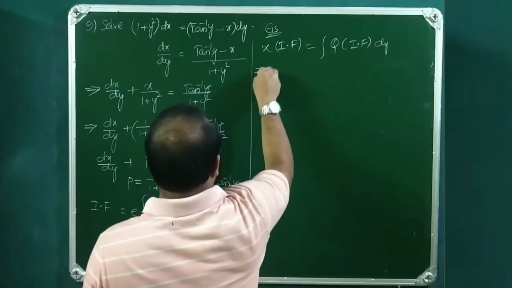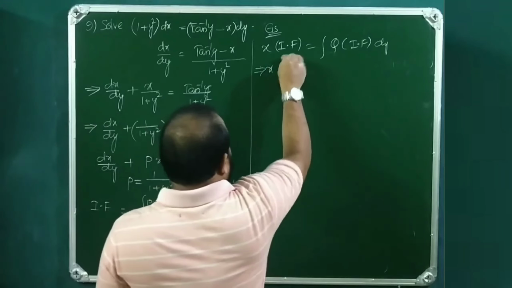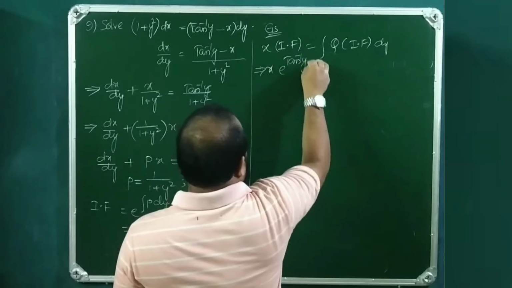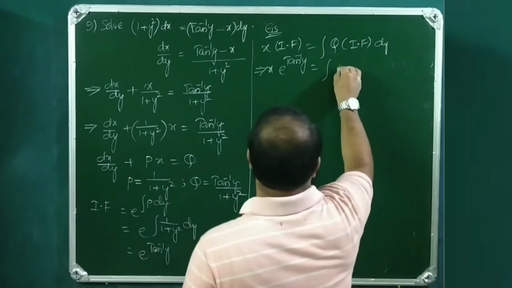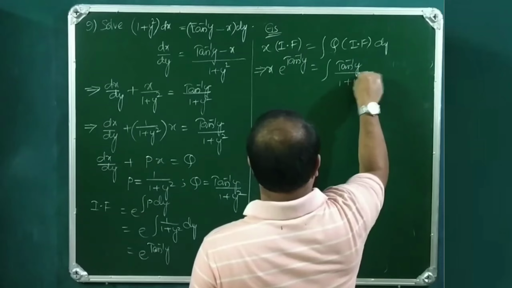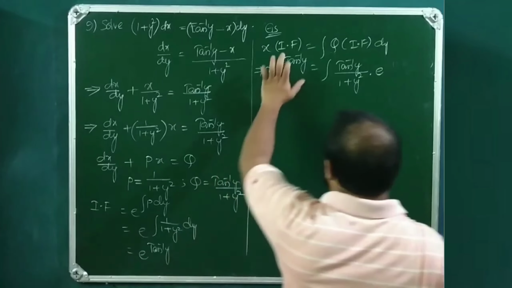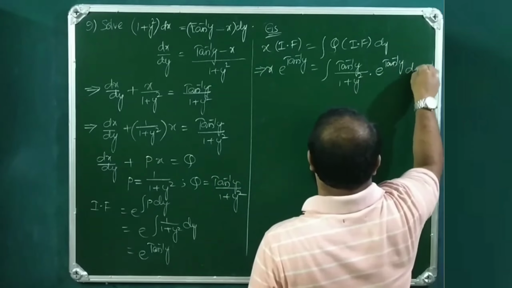So this is x into the integrating factor e power tan inverse y, equal to q, which is tan inverse y by 1 plus y square, into e power tan inverse y dy.